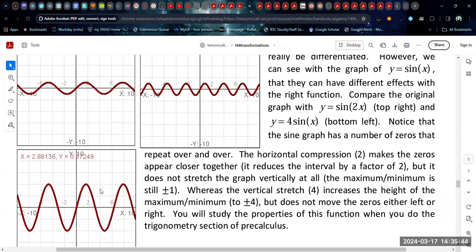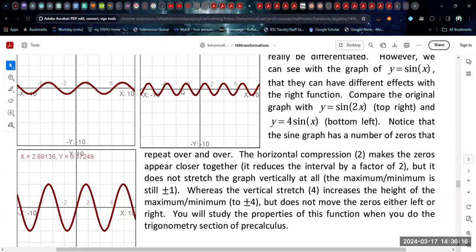So I can keep my zeros in the same place and make the graph taller, or I can change the location of the zeros, or even how many of them there are in a given region, without changing the height of the function. Whereas with traditional functions, x squared, 1 over x, things like that, there's always a way to think of it as pulling out those coefficients and transforming compressions into stretches in the other direction.